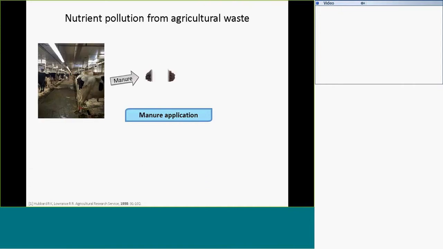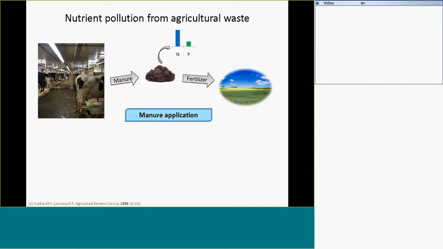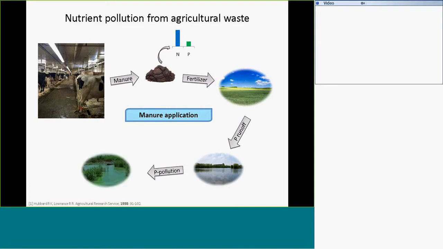There are some animations. So we talked about nutrient pollution from agriculture, and in a lot of cases, this has something to do with concentrated animal feeding operation systems that generate a huge amount of animal manure, and then it's land applied, and agricultural runoff goes to the nearby environment, either groundwater or surface water bodies.